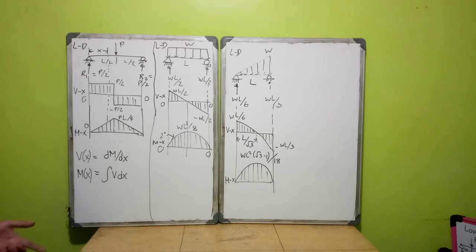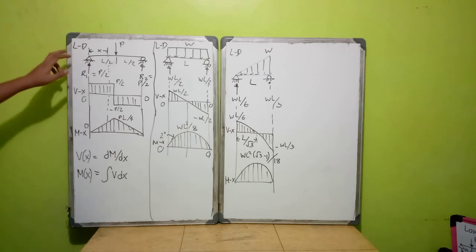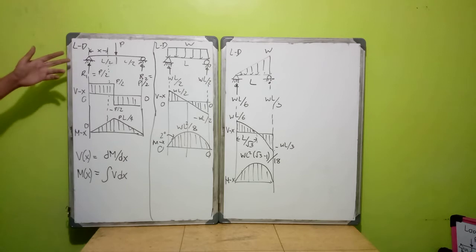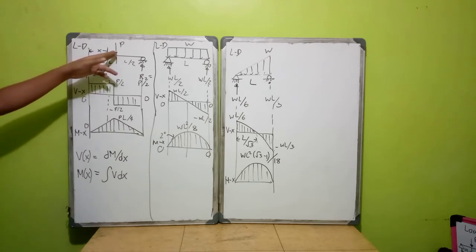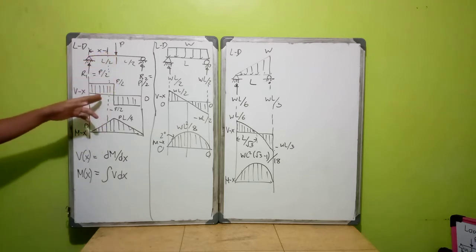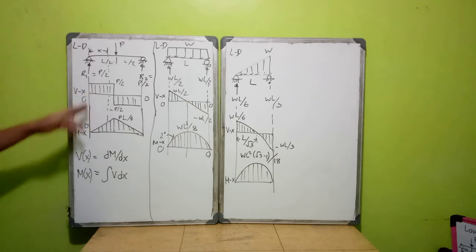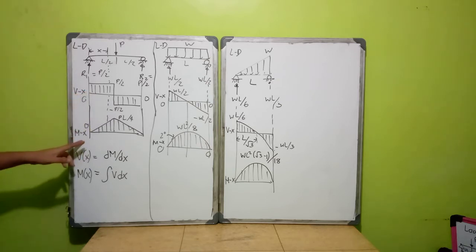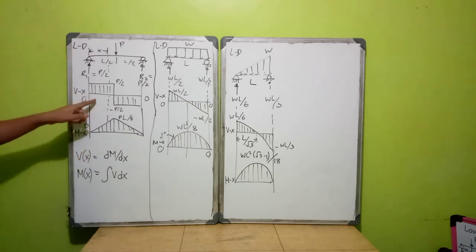Shear and moment equations are flexible to any type of loading. So we will be talking about this drawing. For example, you have a point load P at the middle. Your shear and moment diagrams, the Vx and Mx diagrams respectively, are as follows.